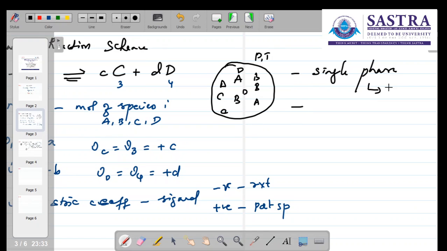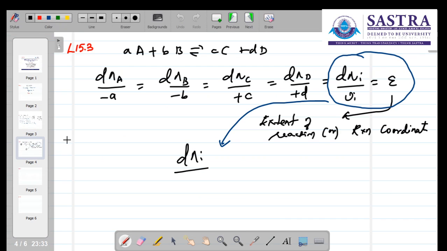Within the single phase system, we will first apply this to a vapor phase, and then in a subsequent lecture we will see what happens for a liquid phase, considering only the reacting species. So there are no inerts. We will see later what happens if we have inerts in the system, but at the beginning we are just focusing on these two.